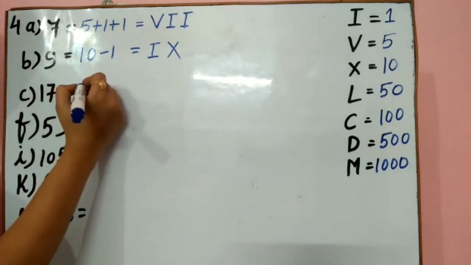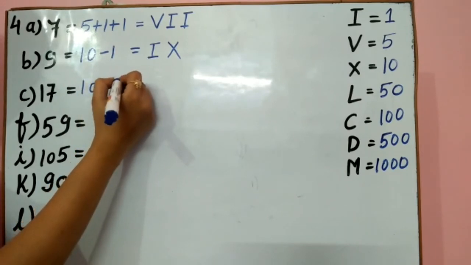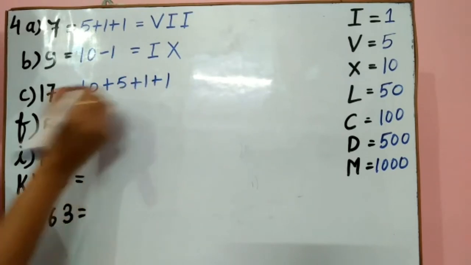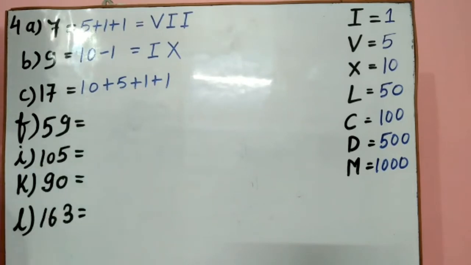C. Can we write 17 like this? 10 plus 5, 15 plus 1, 16 plus 1, 17.